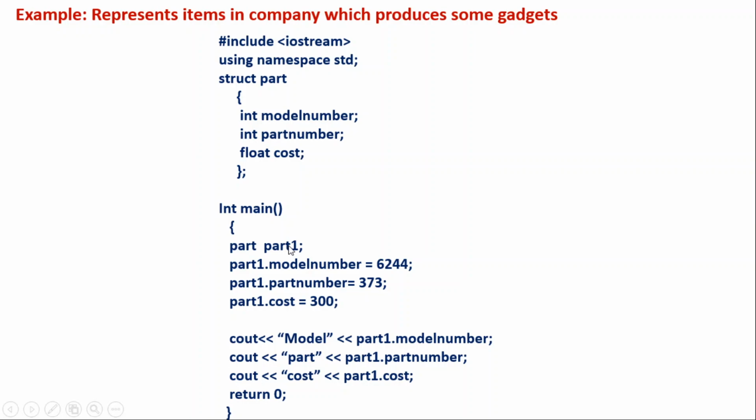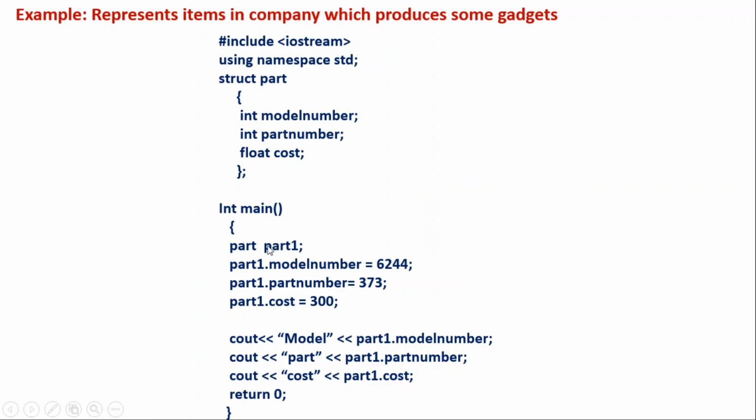We said that structure is a variable data type. Normally when you define a variable, for example, say x, and that is an integer type, how will you define it? int x. That is how we define the variable, right?